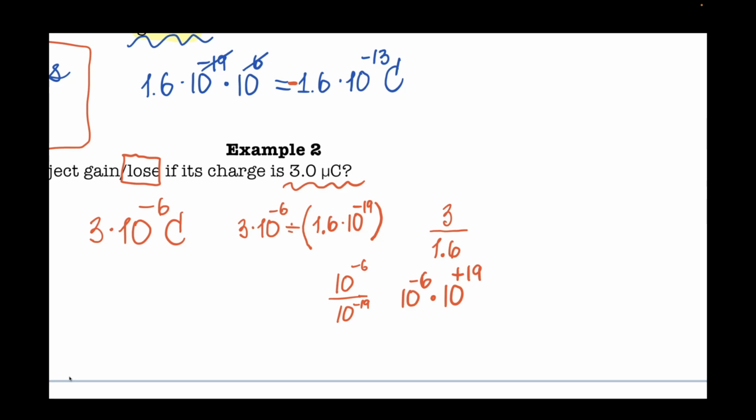That is because when I'm dividing exponents, I'm subtracting them. It's like negative 6 minus negative 19, so that will be 10 to the 13th. So take 3 divided by 1.6, and that will be times 10 to the 13th. And that's just the number. That's how many electrons were lost.